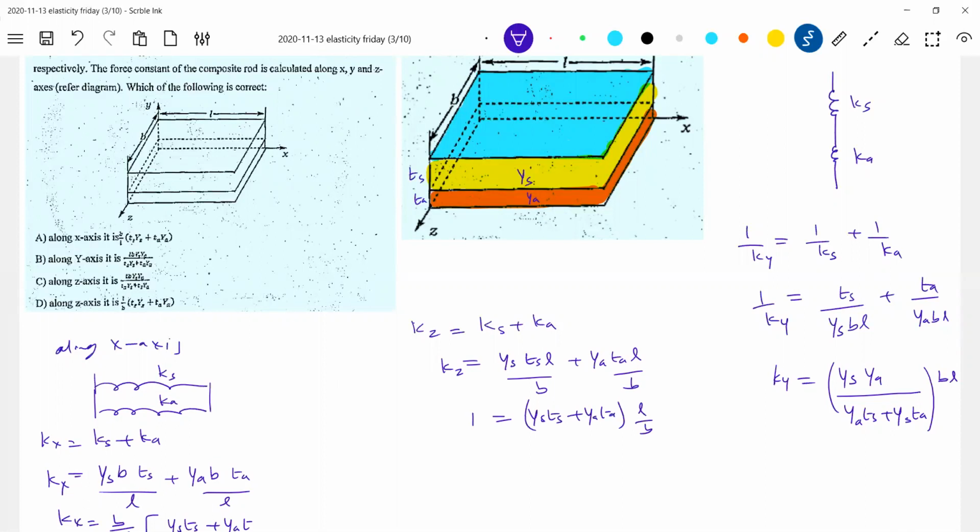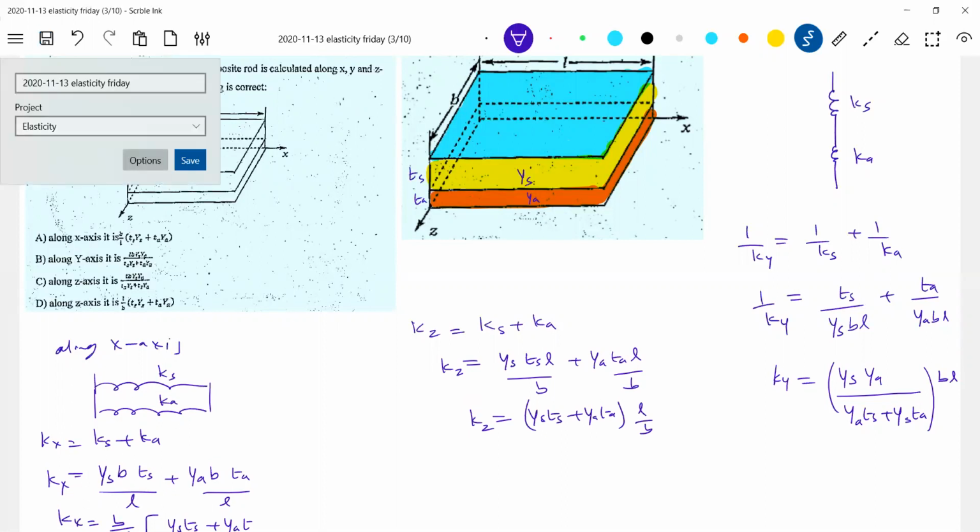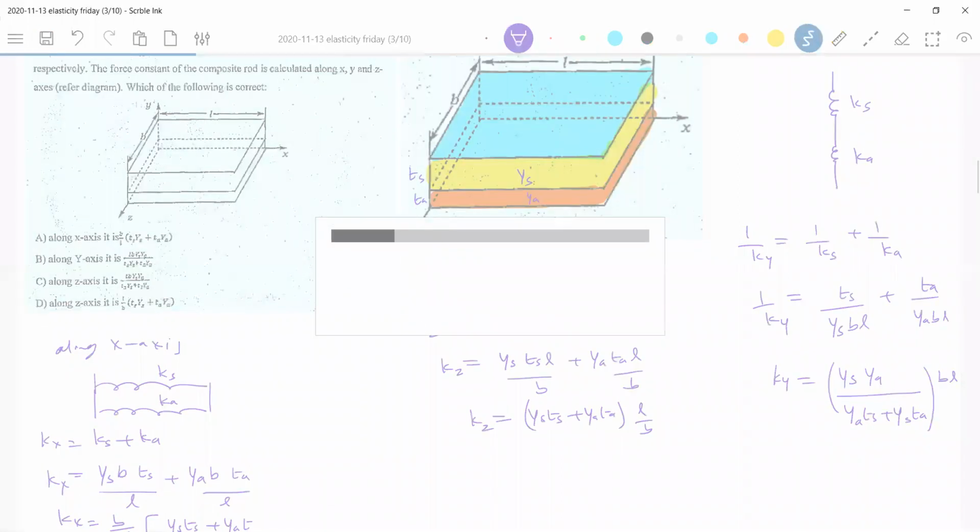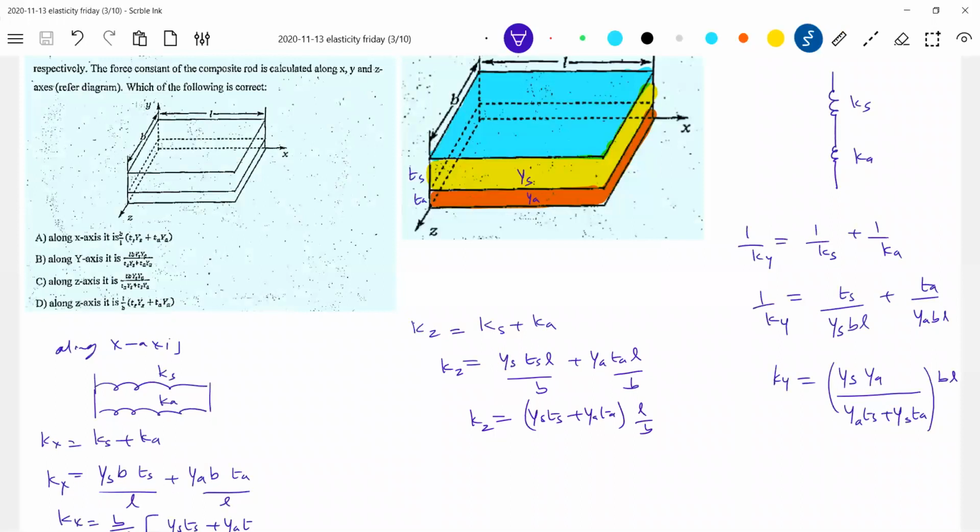Different types of questions like this you can expect in the exam. I took some shapes like these rectangular strips. It can be of any other shape. So what is that area of cross section? How to define it? Strictly, in the formula k equals Ya by L, what is that area?